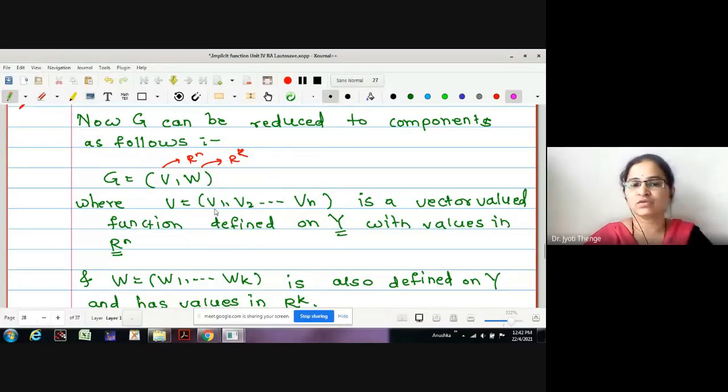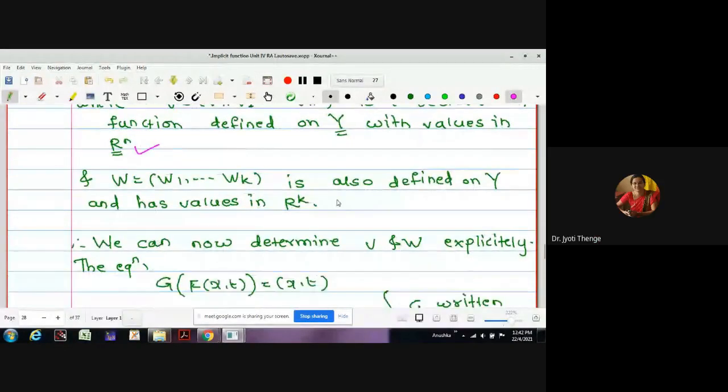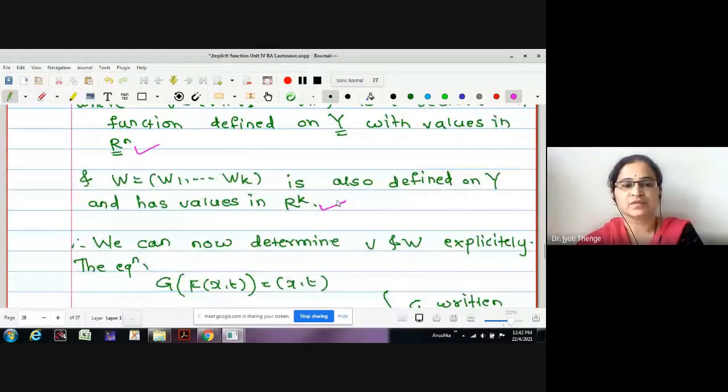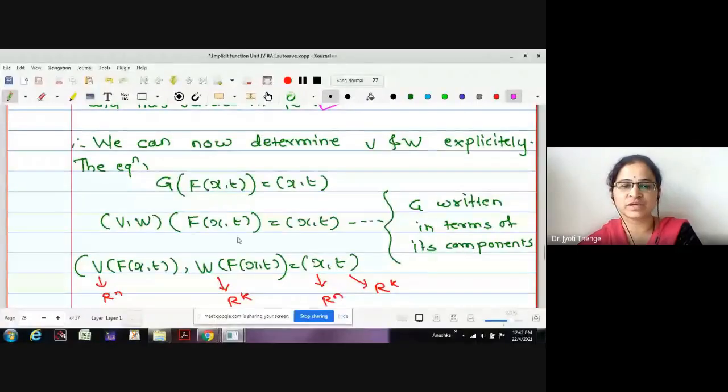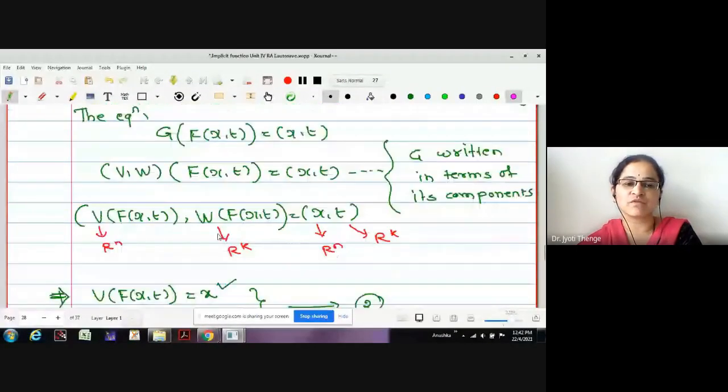Therefore, V equals (V1, ..., Vn) is a vector valued function defined on Y with values in R^n, and W is defined with values in R^k. Now we know g of F of (x, t) is (x, t). Knowing g is (V, W), let us operate (V, W) on F of (x, t). This gives us (V of F(x, t), W of F(x, t)) equal to (x, t).